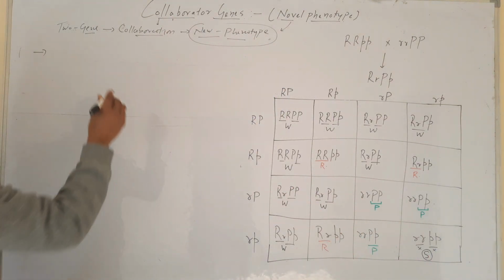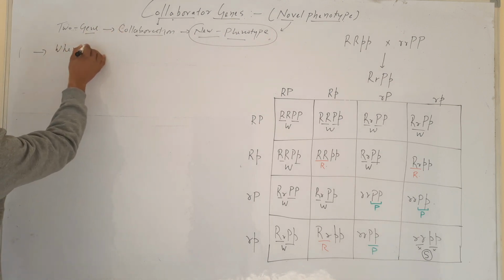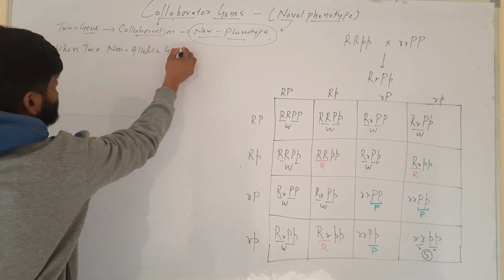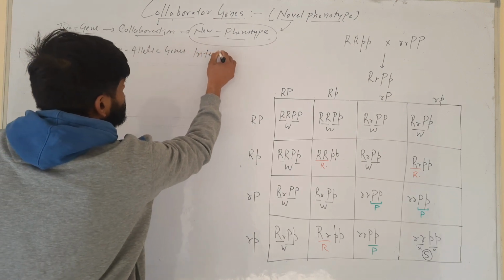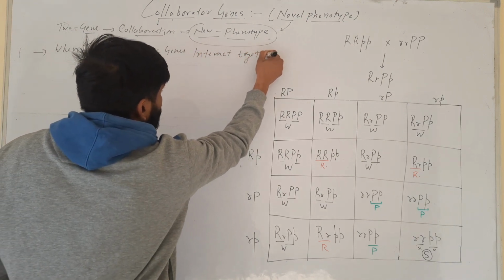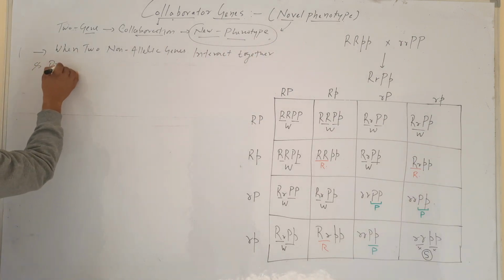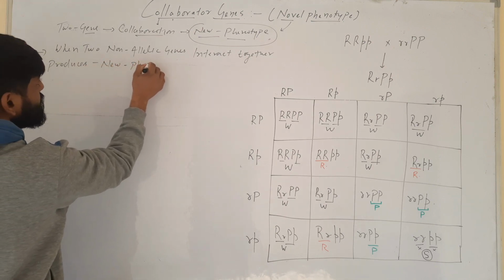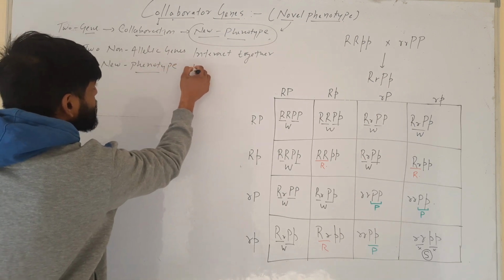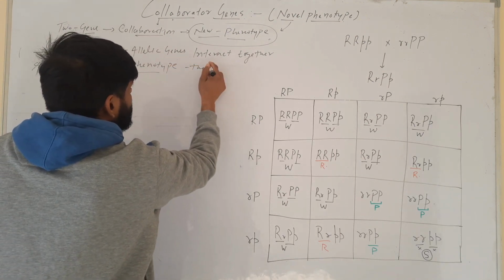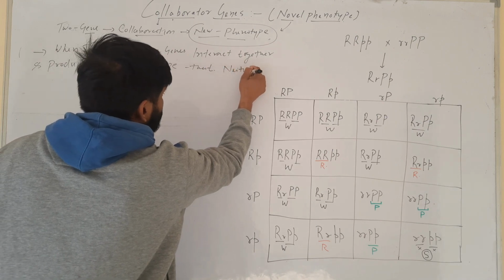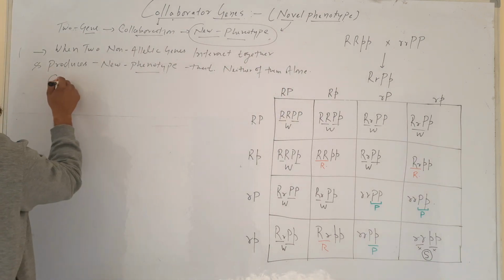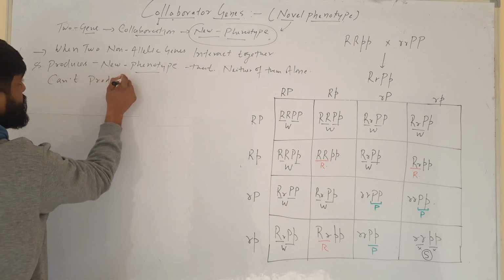So we can write its definition like this: when two non-allelic genes interact together and produce a new phenotype that neither of them alone can produce.